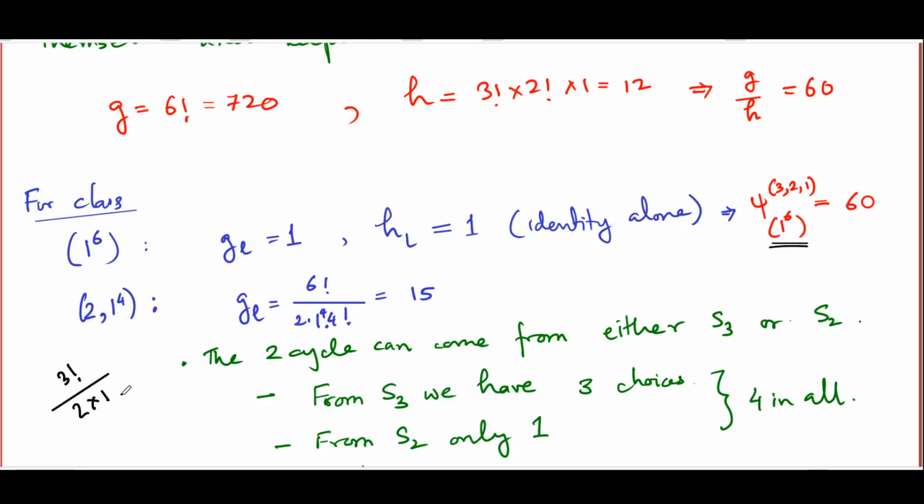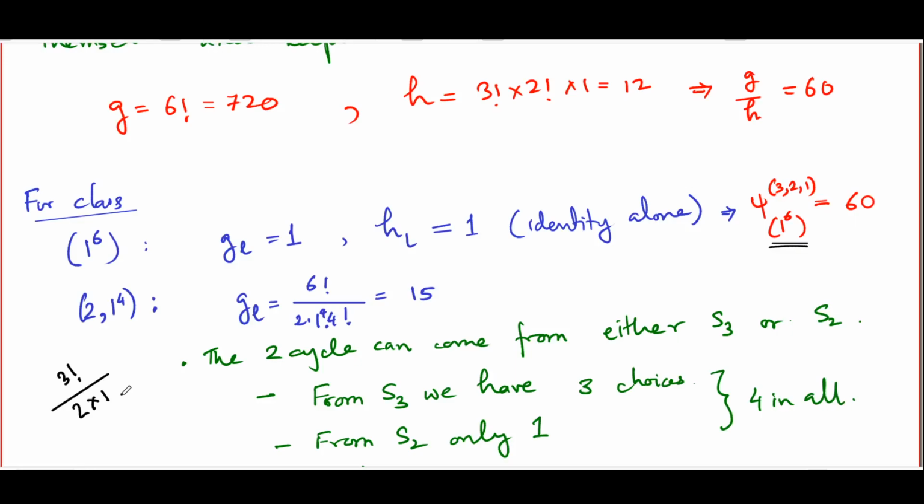The other one is the single 2-cycle: 1 goes to 2, 2 goes to 1. And of course, once you have chosen the 2-cycle to be something which is in S2, then S3 must give you three 1-cycles, which is the identity element, only one possibility. And S1 of course must give you one element anyway. So if the 2-cycle came from S2, you actually have only one way of doing this.